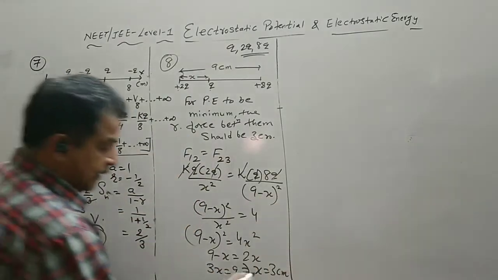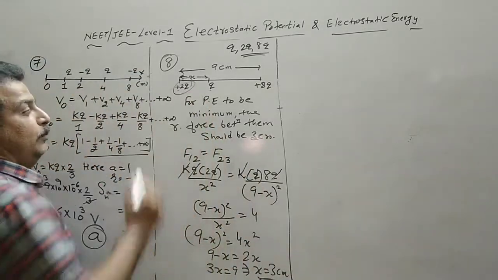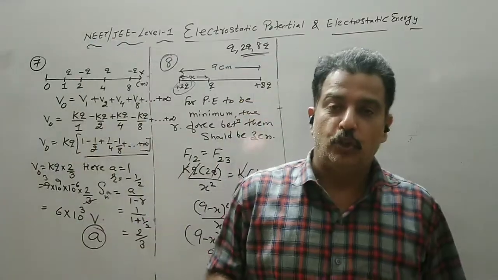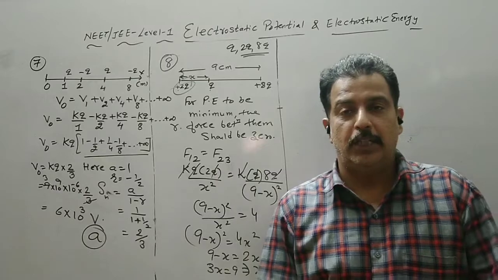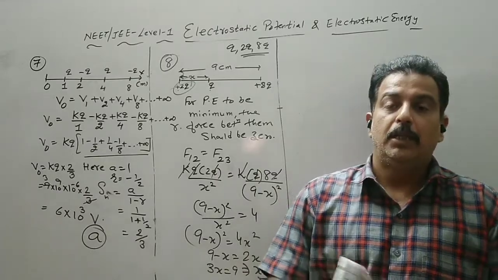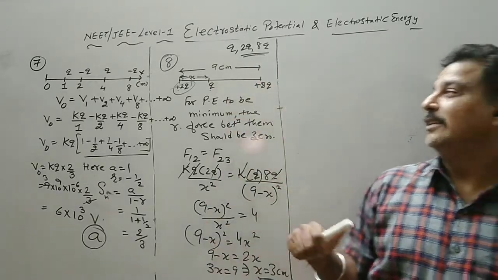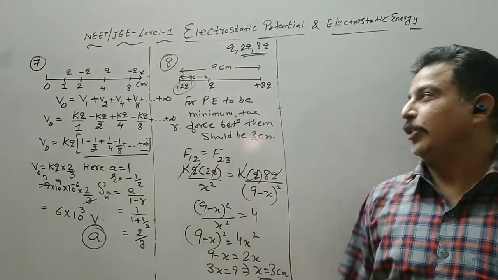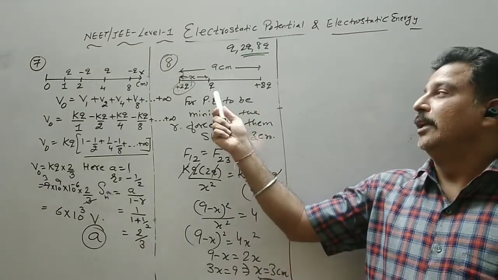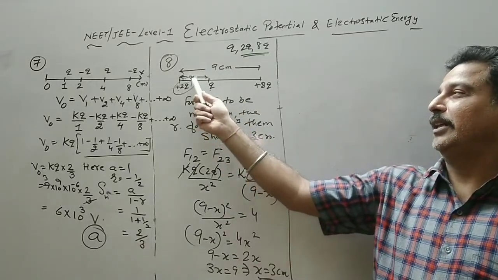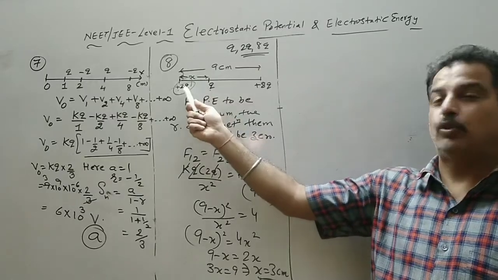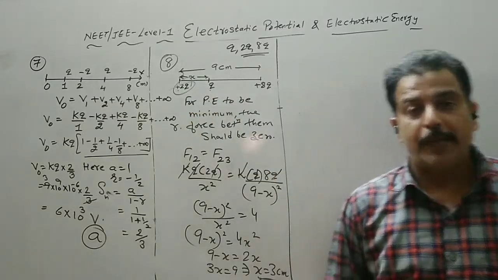So this x is 3 centimeter from 2q. So you remember, if we need the potential energy of a system of 3 charges to be minimum, the charge having smaller magnitude should be kept in between, and it should be near to the charge having the smaller magnitude.